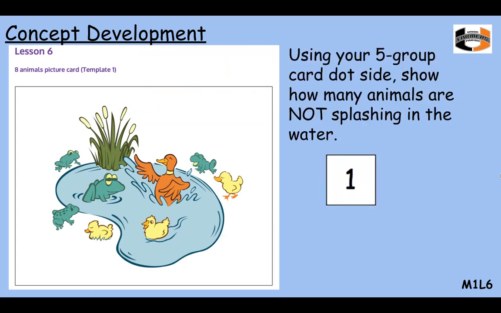Using your 5 group card dot side, show how many animals are not splashing in the water. That's right, there are 7 animals not splashing in the water.